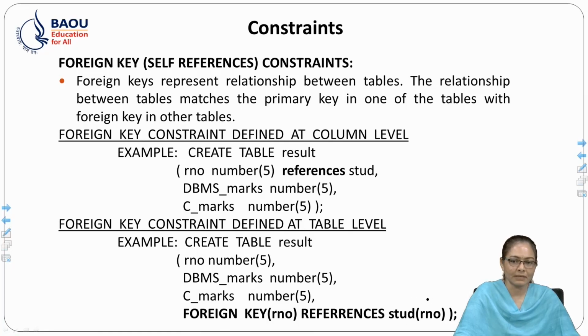Roll number in the student table gives the reference to roll number in the result table. If we make the foreign key at table level, then we write the whole table definition. After that, foreign key in the bracket roll number, references student in the bracket roll number is declared.